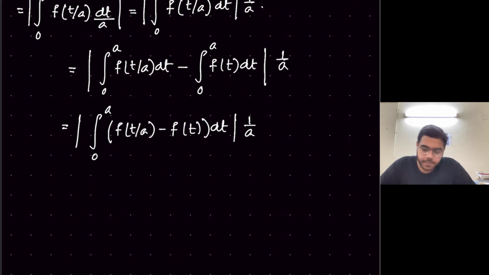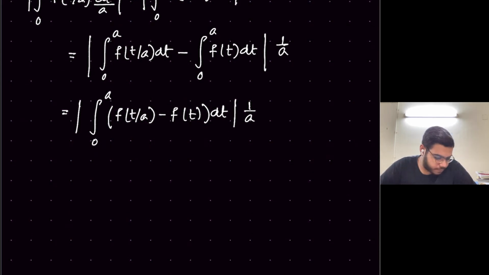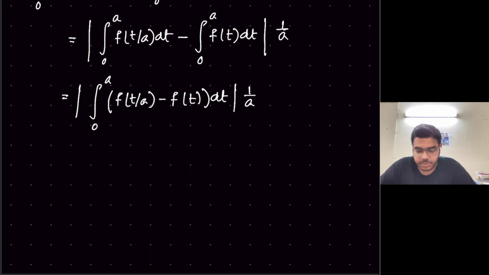Now here we'll apply the Lagrange mean value theorem, LMVT. So by LMVT, there exists some c_t belonging to (t, t/a), as a belongs to (0, 1), such that f'(c_t) will be (f(t/a) minus f(t)) divided by (t/a minus t).